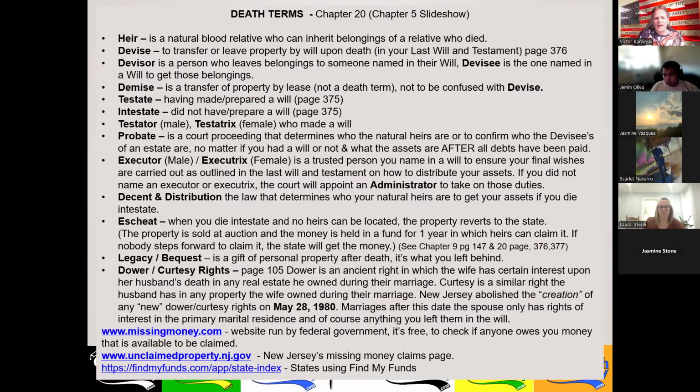Before any of your heirs or devisees can get any of your inheritance, your debts need to be paid first, mainly the taxes. So probate is that court proceeding that ensures that all of your debts have been paid, mainly your taxes, or others can step forward and say, hey, they owed me money. I want to get it out of their estate.